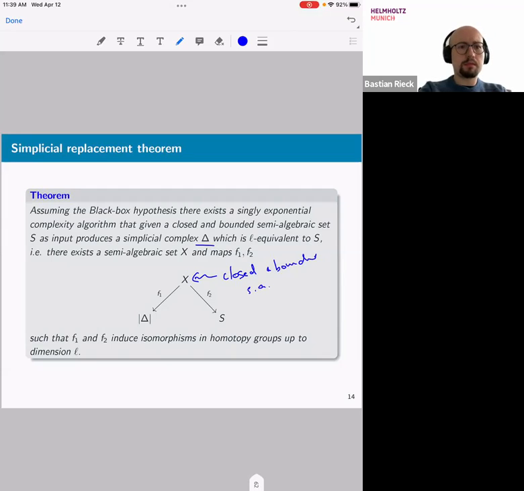So if you are interested in homotopy information of S up to dimension L, now you have to solve this problem for the simplicial complex, but this simplicial complex is of singly exponential complexity, compared to doubly exponential, which you get by taking the L skeleton of semi-algebraic triangulation.